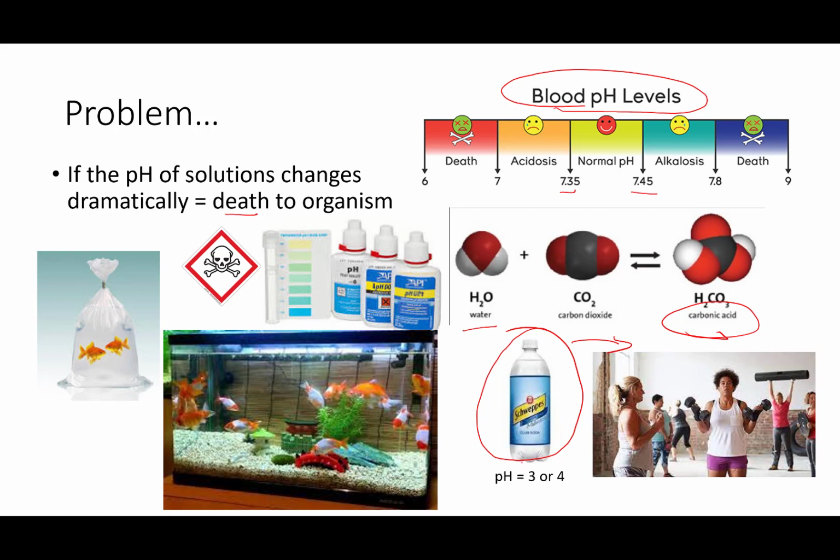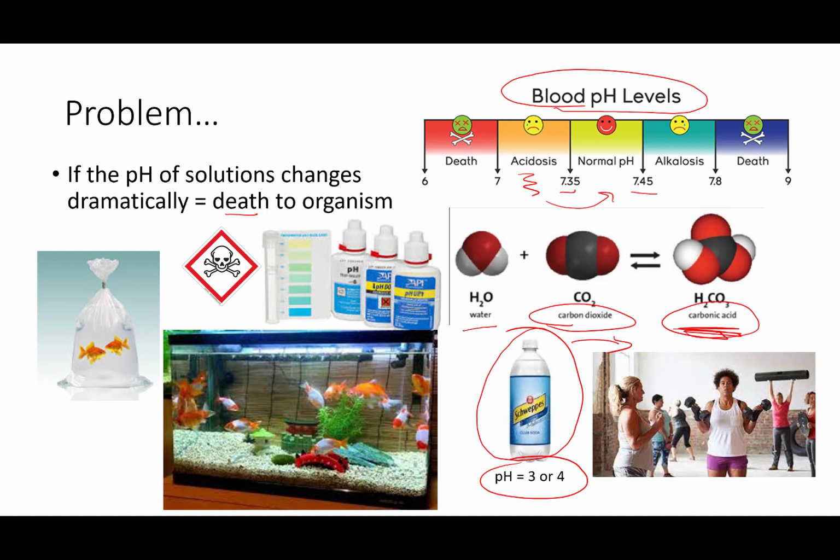Carbonic acid can have a pH of 3 or 4 very easily. Well, it doesn't take very much of this to accumulate in a person's bloodstream just by carbon dioxide produced through respiration, and you can throw your body into a state of acidosis. So the body has to use buffers in order to help maintain that normal pH.